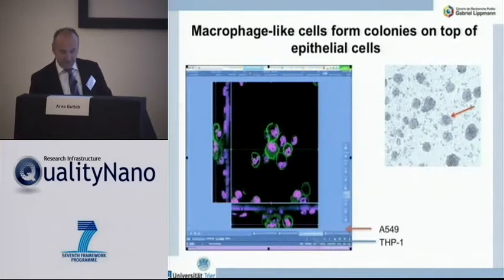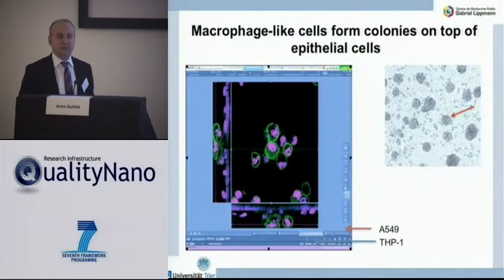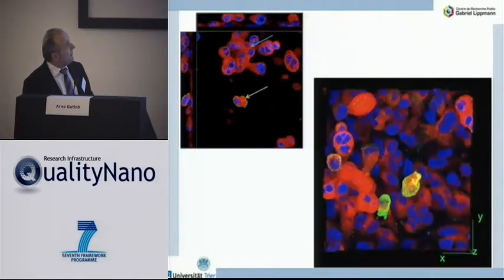One specificity, what is also described in literature, if you have macrophages at the air-liquid interface, they tend to form these colonies. When you put the samples, for example, afterwards in the submerged conditions, these colonies would disappear. That's something what the macrophages obviously do when they are in culture at the air-liquid interface.